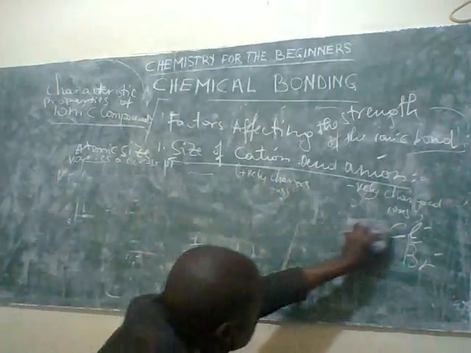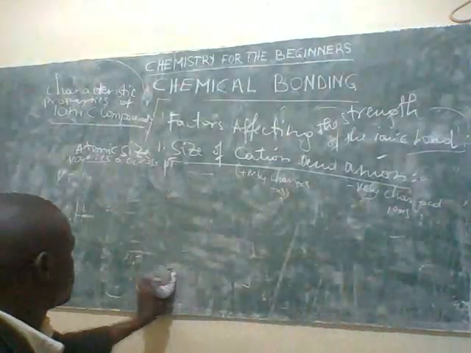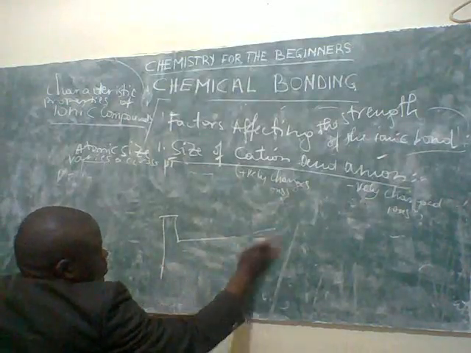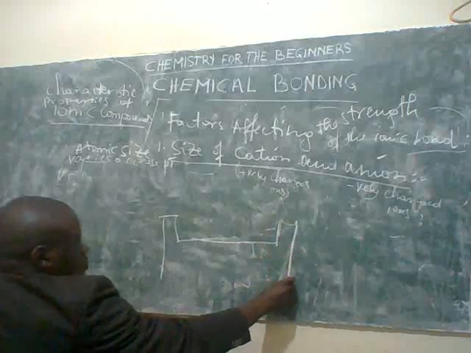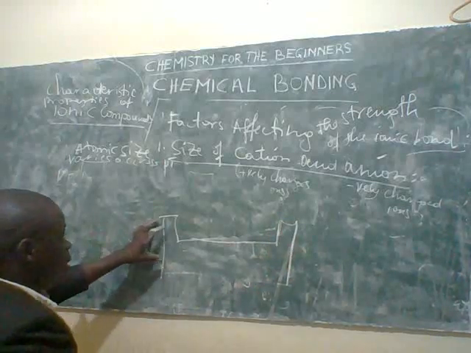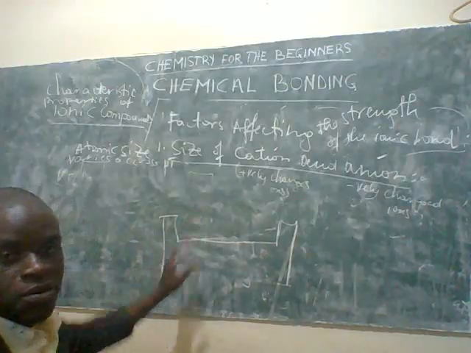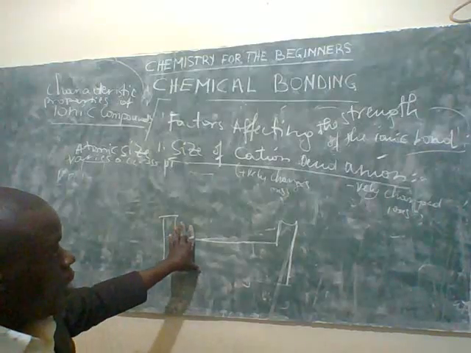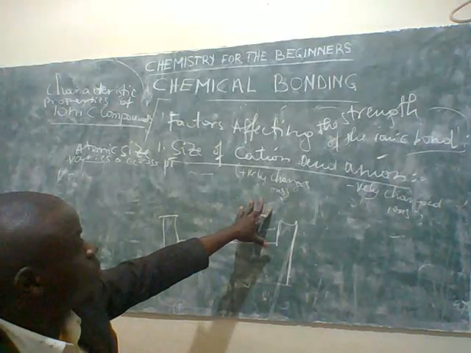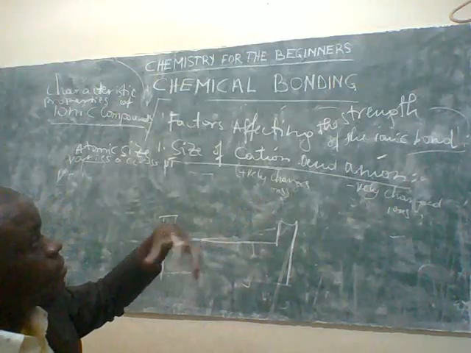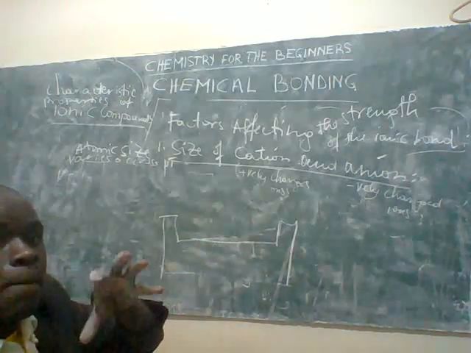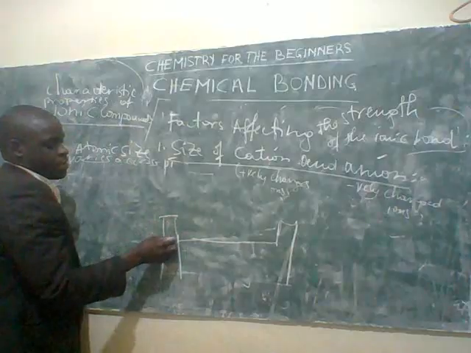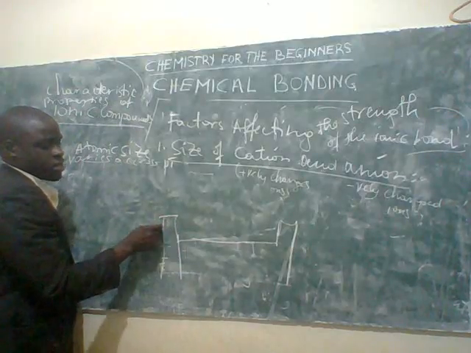We have talked that in the periodic table, they say that if the size of the cation must be big, which means the big size, they are those which are very close to the left side of the periodic table.